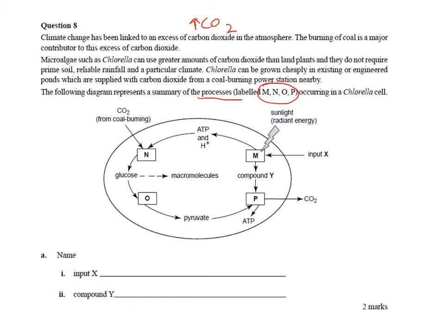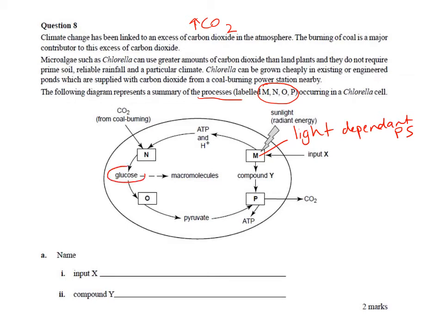And the only process that we've talked about where sunlight is an input is the light-dependent stage of photosynthesis. Okay, the light-dependent stage. Now, there is a compound that is released from this that goes into here, and then we also have a relationship over here. Now, I think let's look at our keywords here.